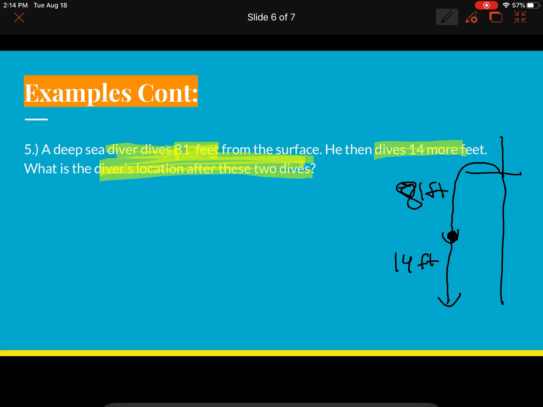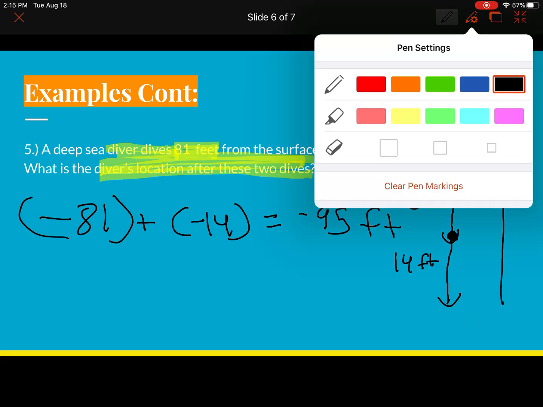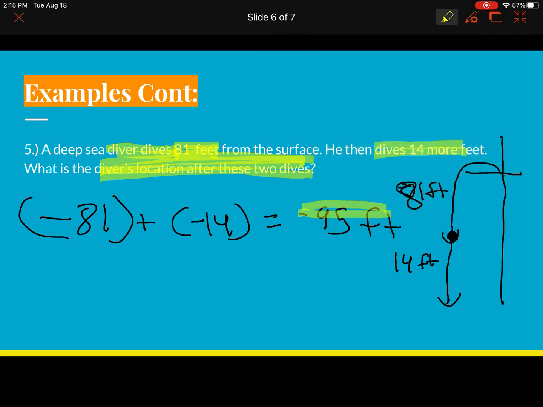So we're going to have a -81 plus a -14. And this will give us a total of -95. Now, this would be a scenario where we have 2 negative numbers, so our sum would be negative. So that is why we ended up with -95 feet, or the diver is 95 feet below the surface after his 2 dives. Let's go ahead and highlight that one here so you can see the answer.